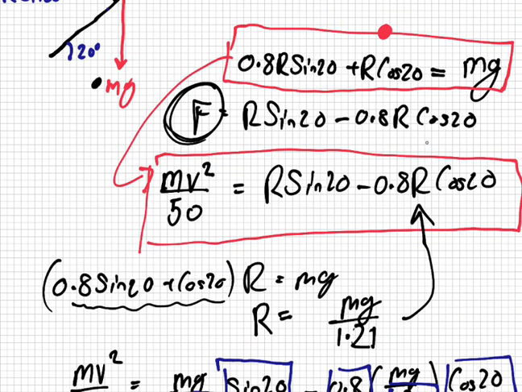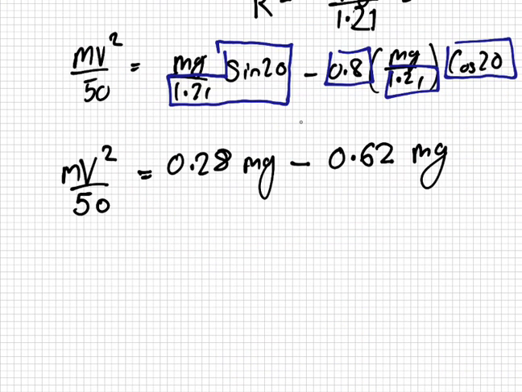Hang on, let me check this. Yeah, it is 1.21 equals mg. So that's wrong, because here I get a negative number, which is bad.